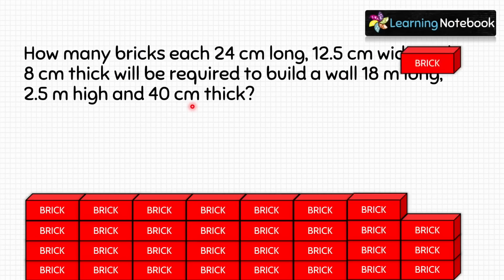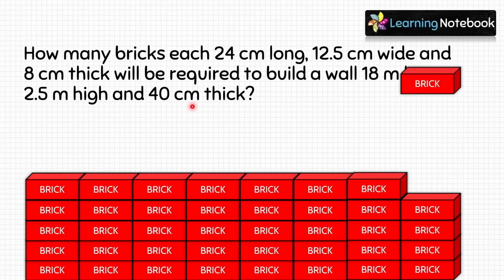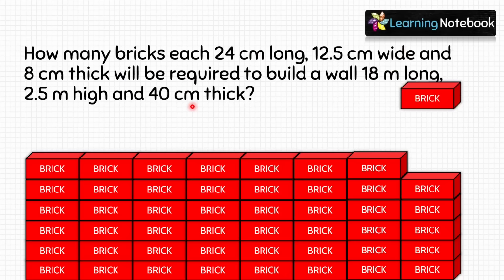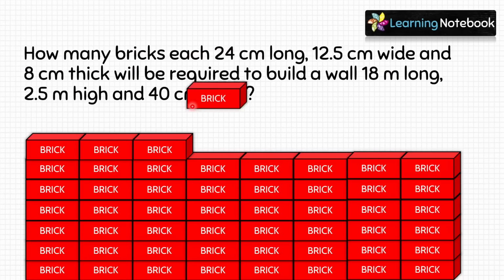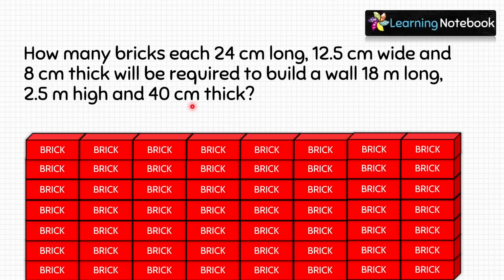And how do we build a wall? By placing bricks on top of each other. And dimensions of one brick is given as 24 centimeter length, 12.5 centimeter breadth and 8 centimeter height.